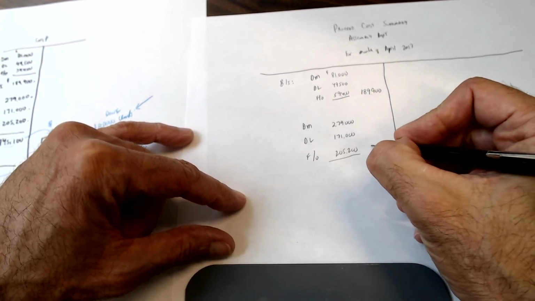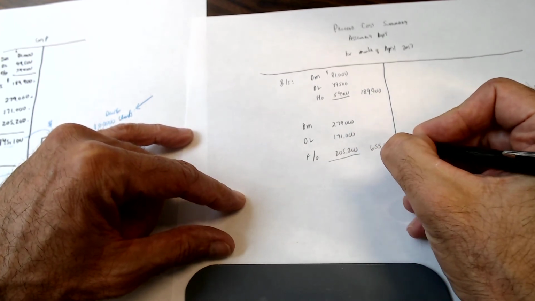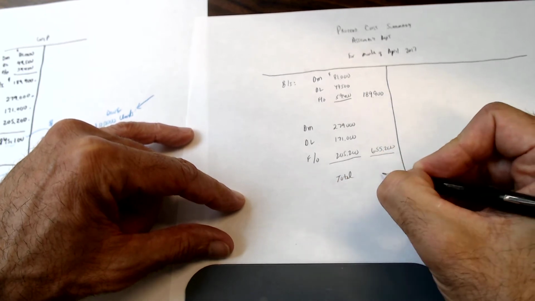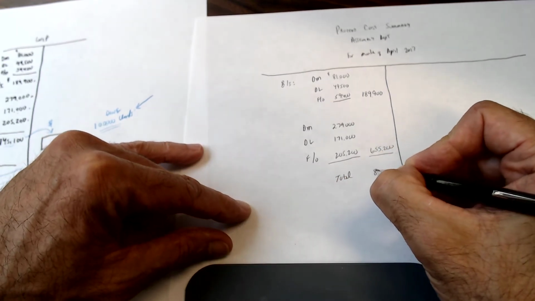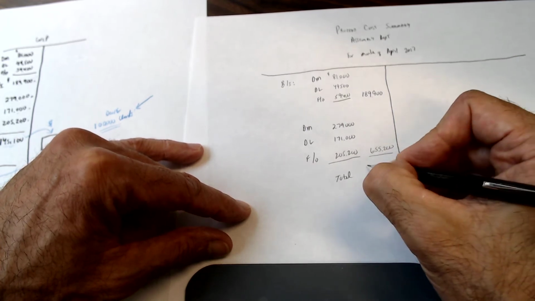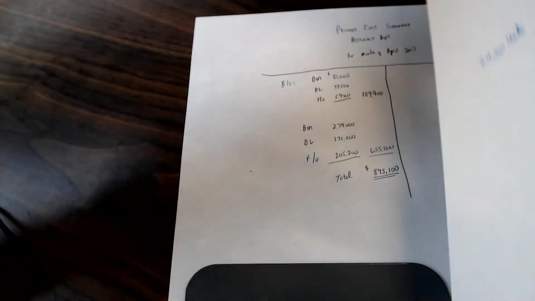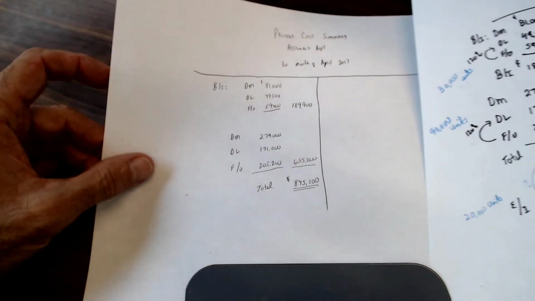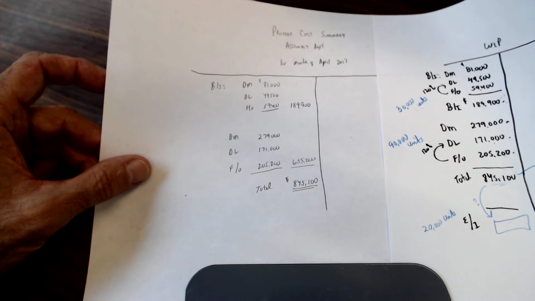Currently I added $655,200 for total costs of $845,100. All I did was put those very same numbers right there.